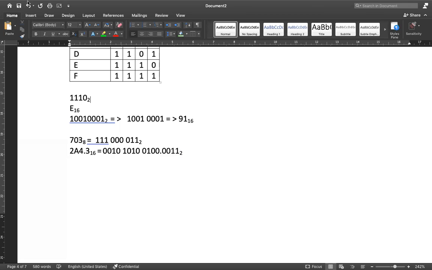So before we finish, let's try to write this one as well. Convert this number to hexadecimal. Okay, quickly. Can you convert this number to hexadecimal and tell me the answer?